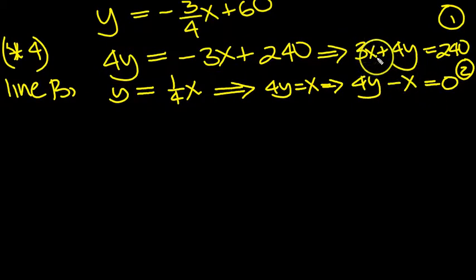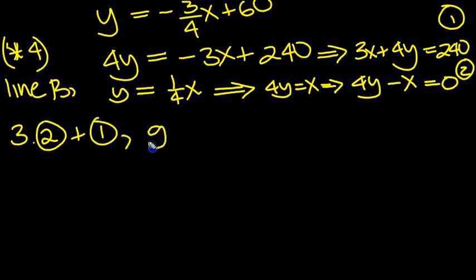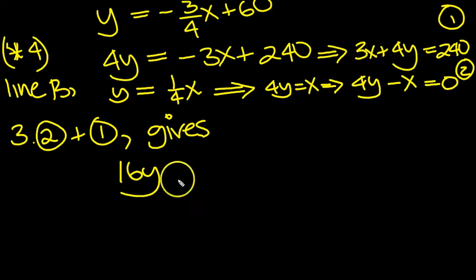See that 3x and minus x, so 3 times equation 2 plus equation 1 gives, so 3 of 2 plus 1, so 3 4s are 12, so you've got 12y plus 4y is 16y's. 3 of these is minus 3x plus 1 of those is 3x, they cancel, so that's good. And then you've got 3 of these, which is 0, plus 1 of those is 240.